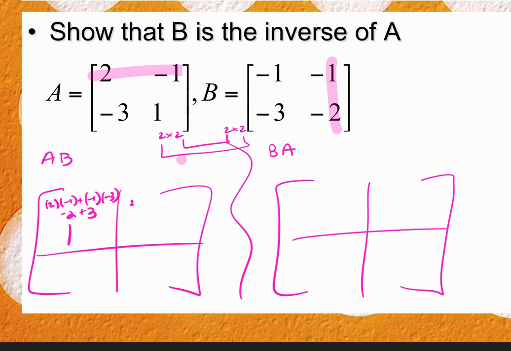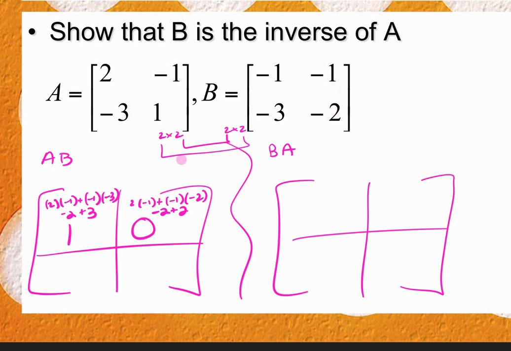So I get 2 times -1 plus -1 times -2. -2 plus 2, which is 0. So if at any point in this process I don't get the pattern of 1, 0, 0, 1, then I know they're not inverses. But because this literally said show that it is, we assume that it is. So we assume we already know what our answer should be.